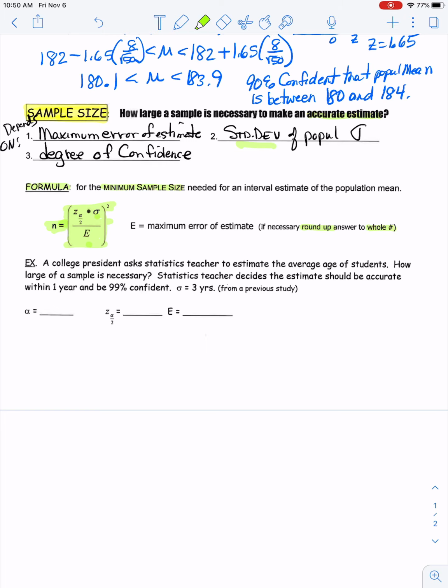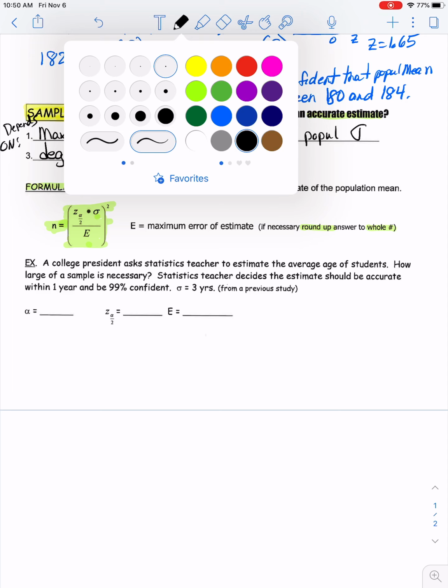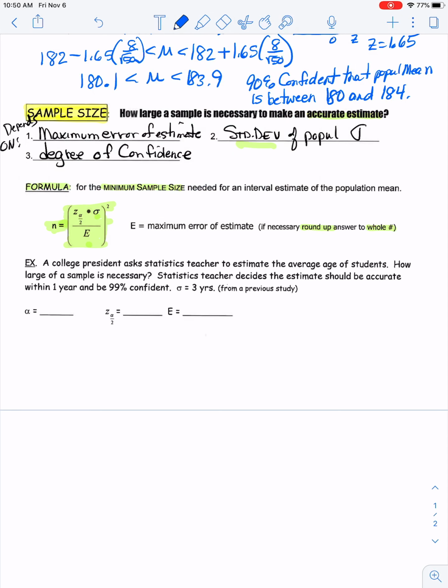Let's give this a practice. A college president asked the statistics teacher to estimate the average age of students. How large of a sample is necessary? The statistics teacher decides the estimate should be accurate within 1 year, and be 99% confident. They say the standard deviation is 3 years. So what is our alpha level? Well, if it's 99% confident, then alpha is 0.01.